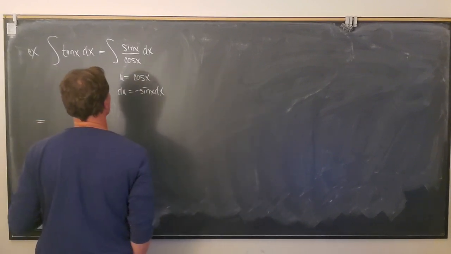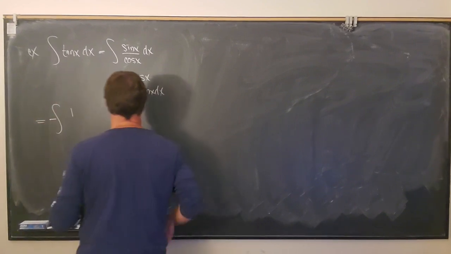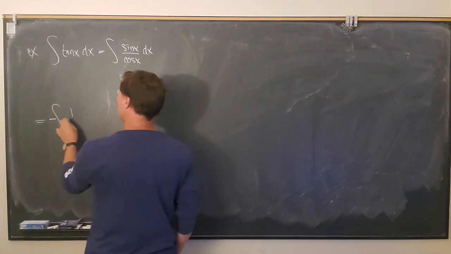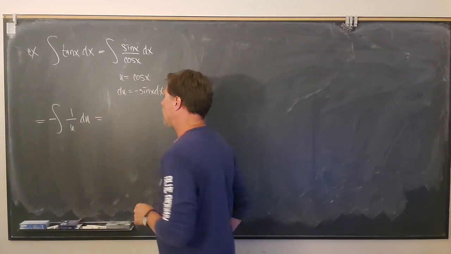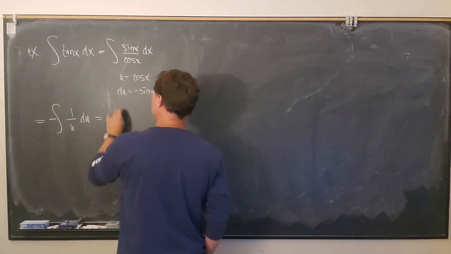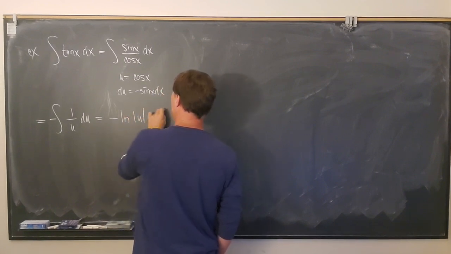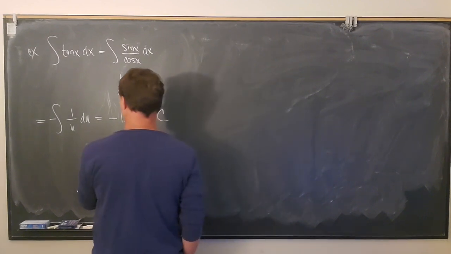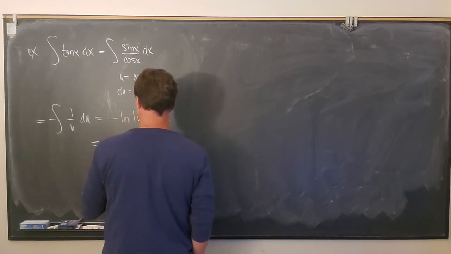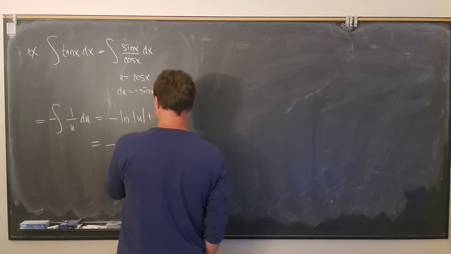And so this becomes negative, let me put the minus sign out front, minus the integral of 1 over u du. And then this becomes negative natural log, absolute value of u, plus c. If you substitute back, what we get is negative natural log, absolute value of cosine x, plus c.